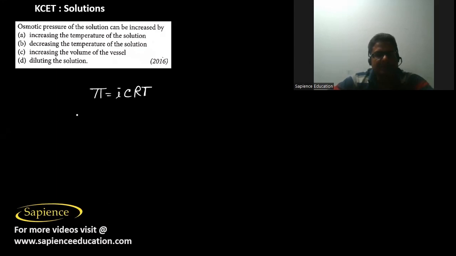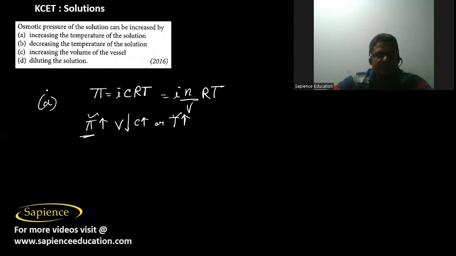So it is i into n by V into RT. If we want to increase the osmotic pressure, then either we can decrease the volume so as to increase the concentration of the solution, or we can increase the temperature of the solution. So osmotic pressure can be increased by increasing the temperature. So option A is the correct answer.